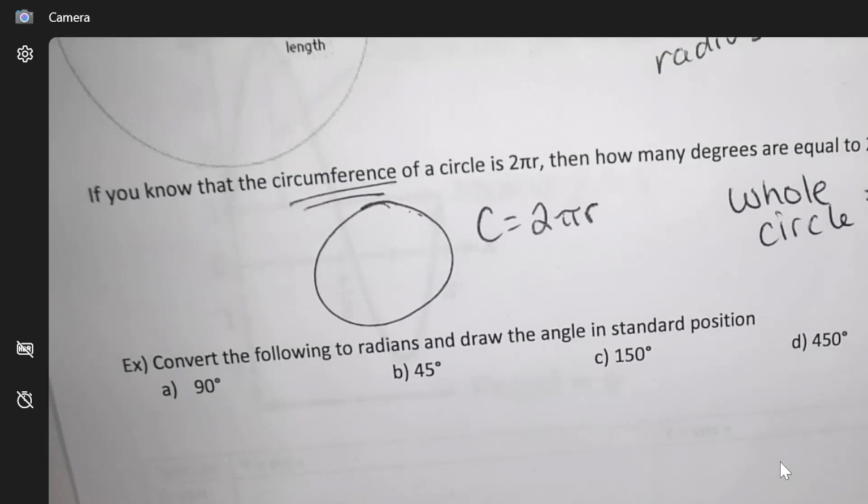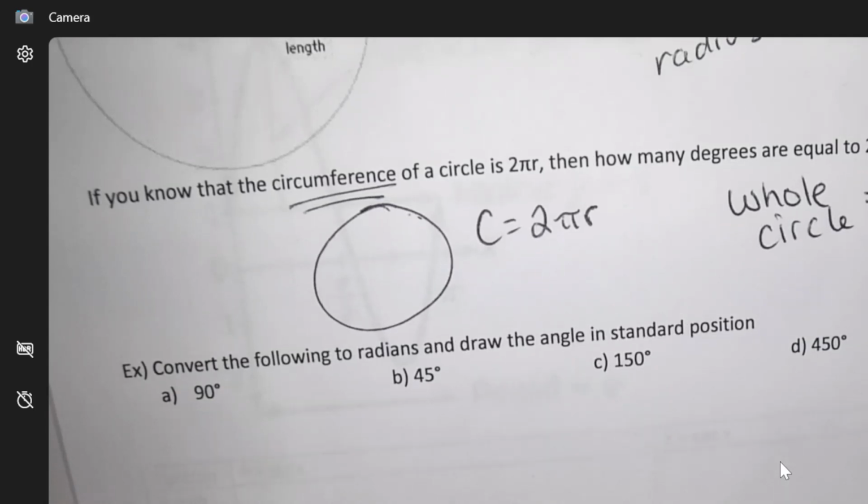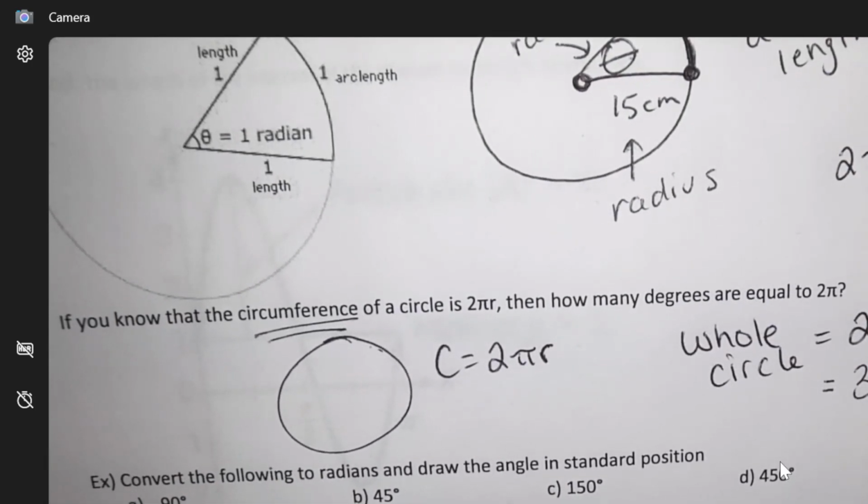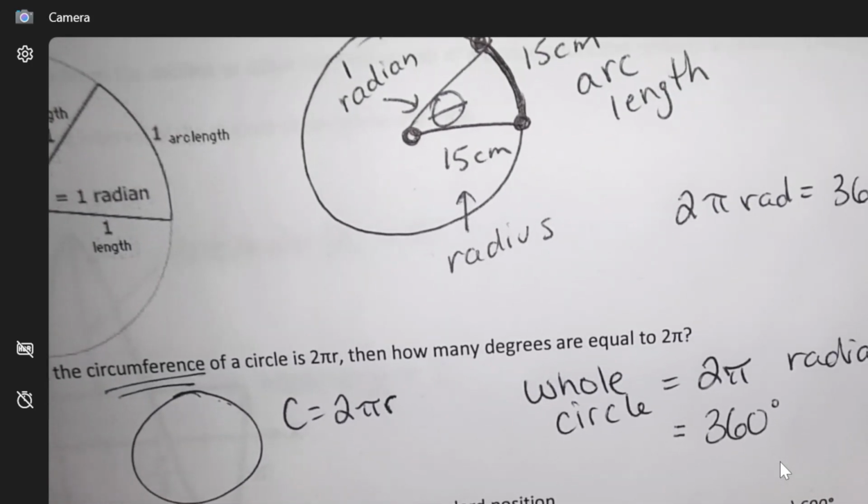And a whole circle is 360 degrees, right? So if 2 pi radians is 360 degrees, that's my comparable.